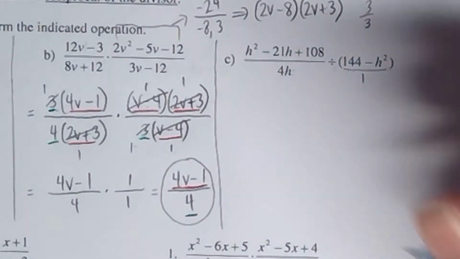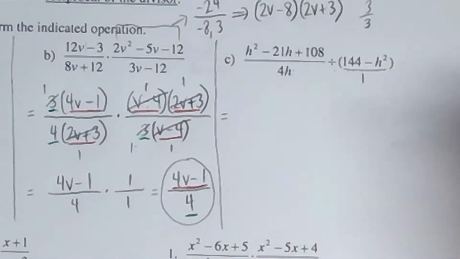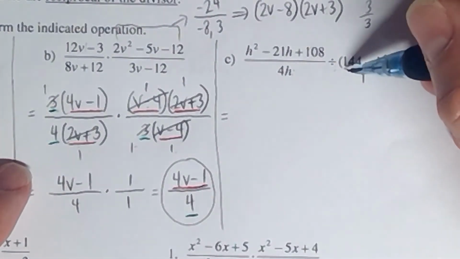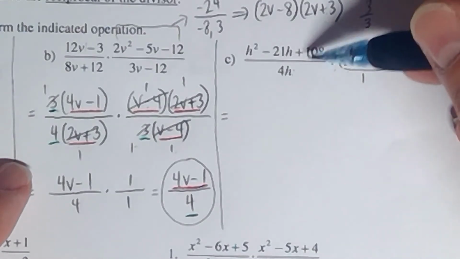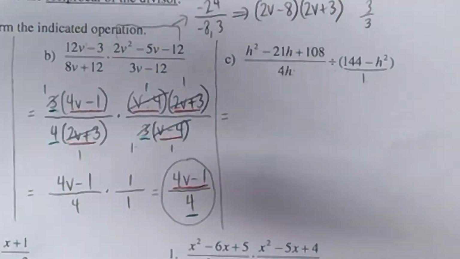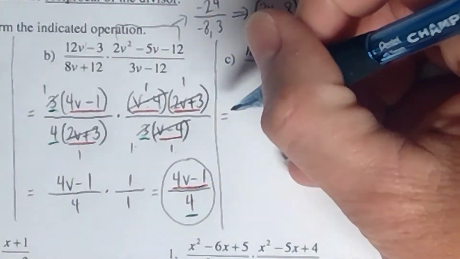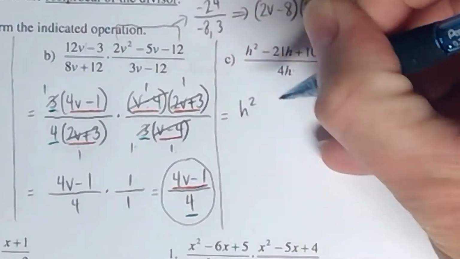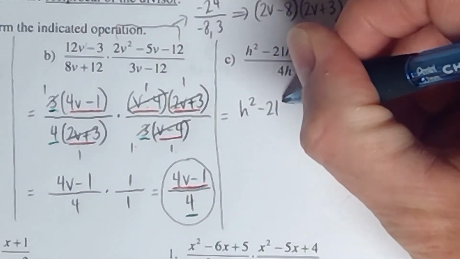And then the second thing we need to remember is that since this is division, after you make that into a fraction, you then first need to flip the second fraction, not the first one, but the second one.